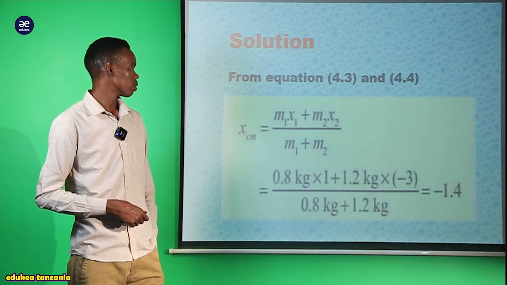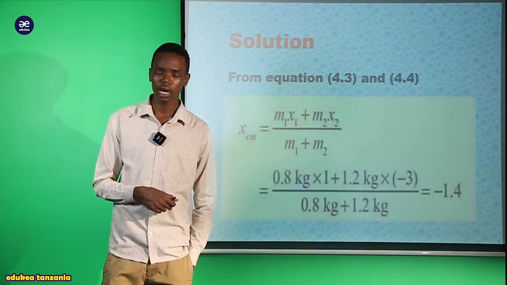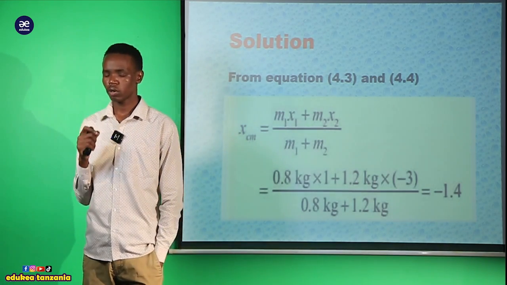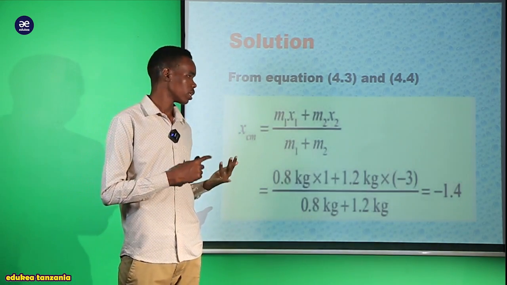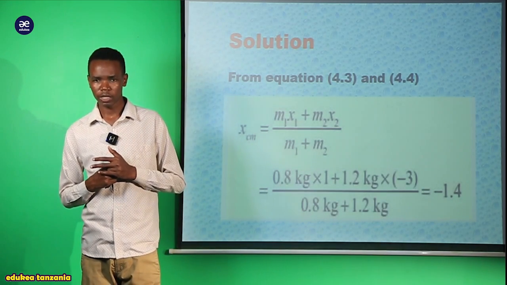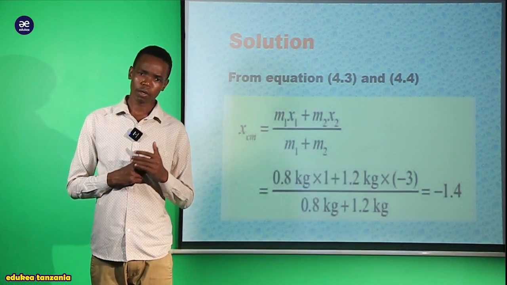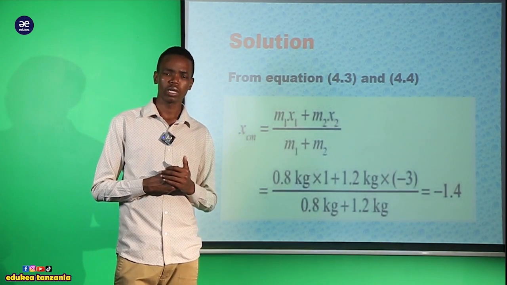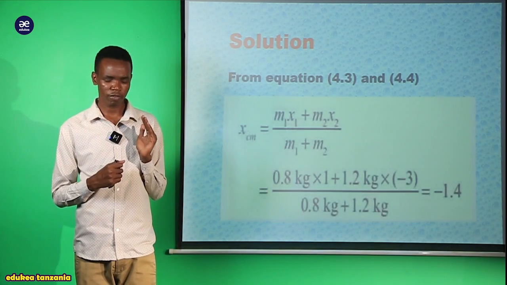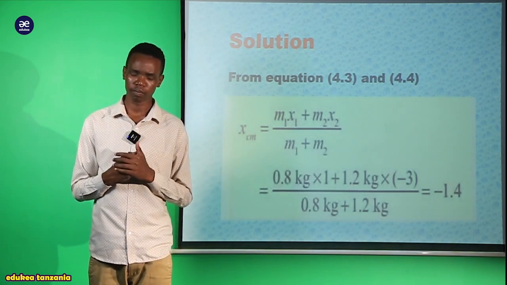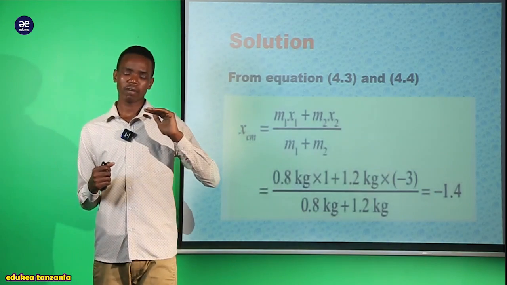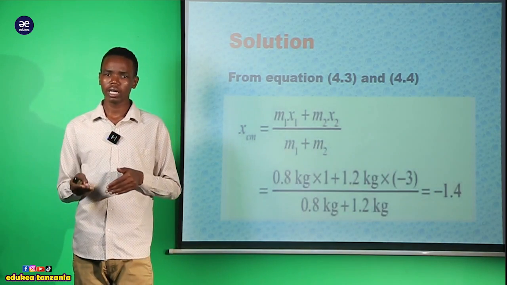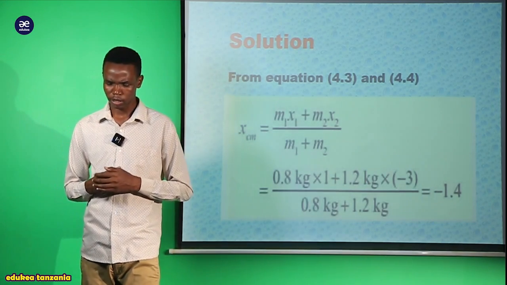After that, from equations 4.3 and 4.4, let us recall our equations. Our equation 4.3, my dear student, gives us the formula related to the x-axis, but equation 4.4 gives us the formula related to the y-axis coordinate.